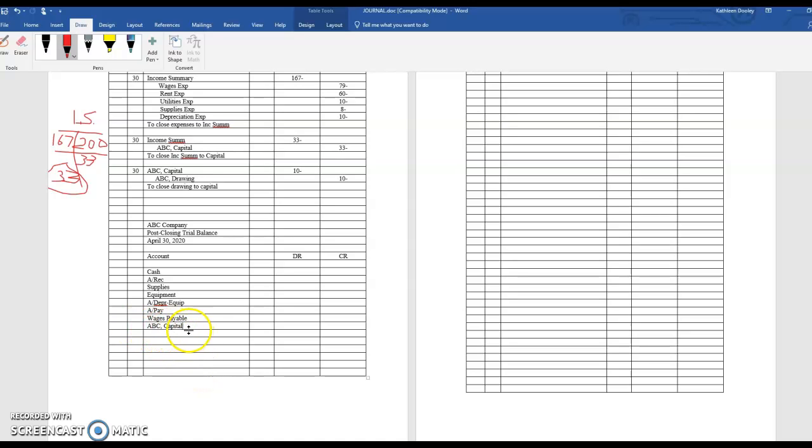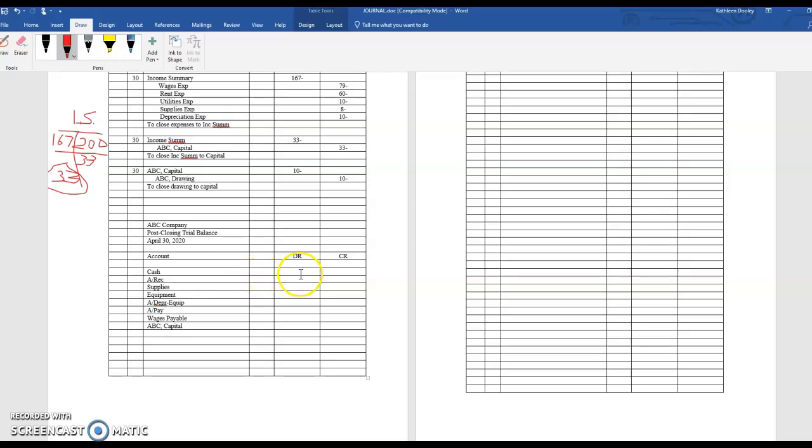So capital should be the last account that you have listed. If you give me a post-closing trial balance and it has revenues and expenses with numbers on them, then you will get almost no points, because the whole point of a post-closing trial balance, post means after closing, is that your revenues and your expenses and your drawing account are all supposed to be closed out to zero.